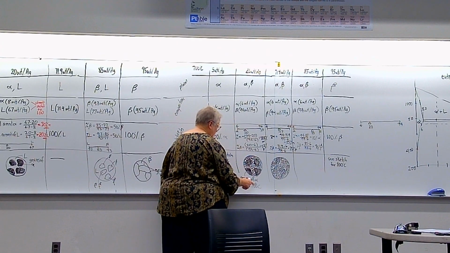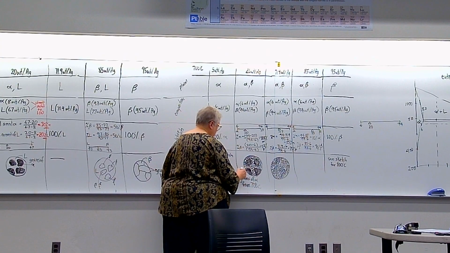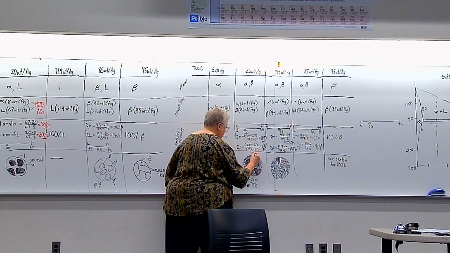That's called pro-eutectic alpha, and then eutectic.